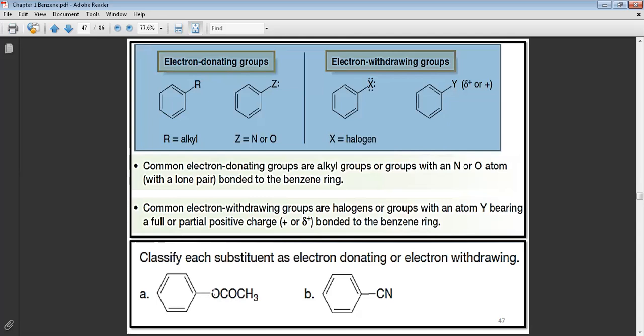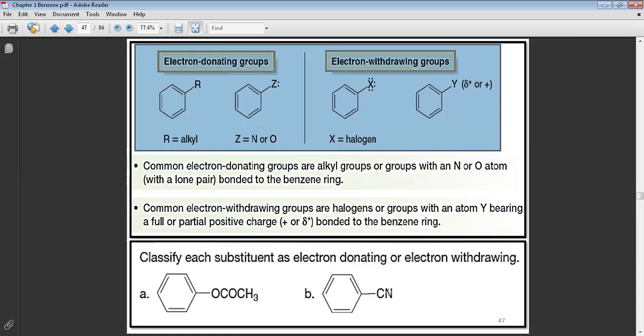Here Z is oxygen or nitrogen with a lone pair, and we apply resonance. We said Z here is oxygen or nitrogen. Does that mean donating or not? Donating, not withdrawing. Donating by which effect? Resonance effect. You get it.